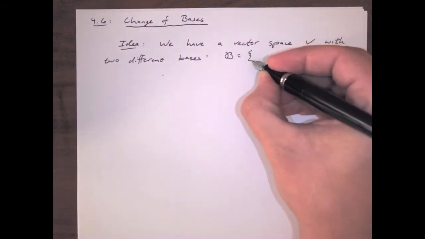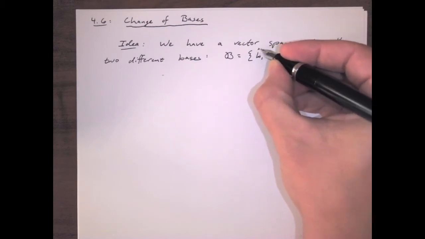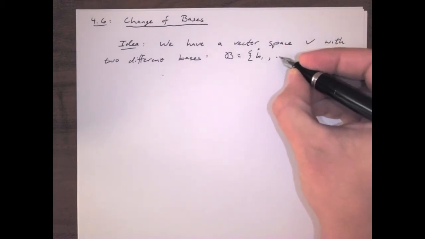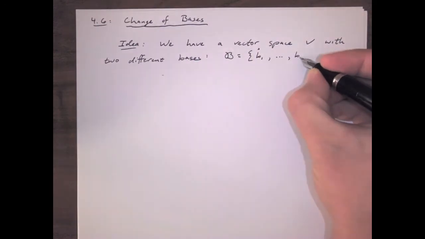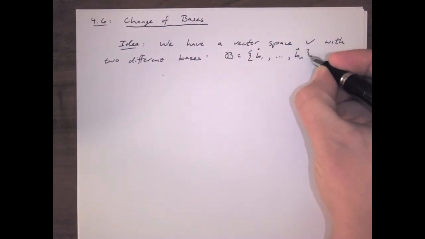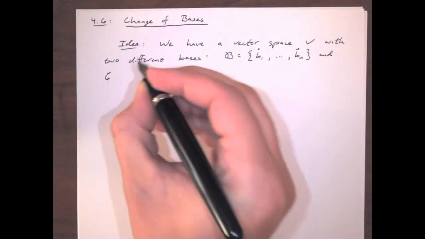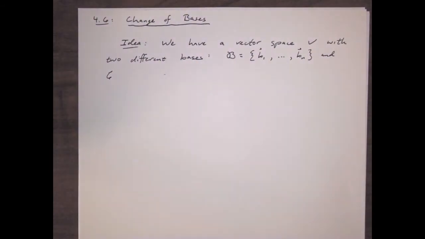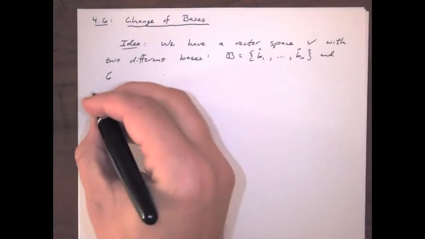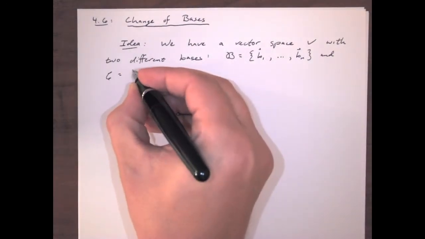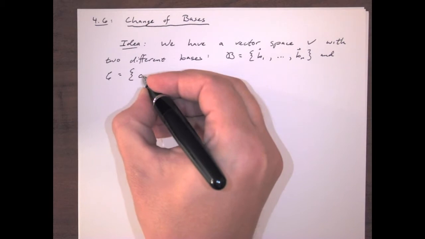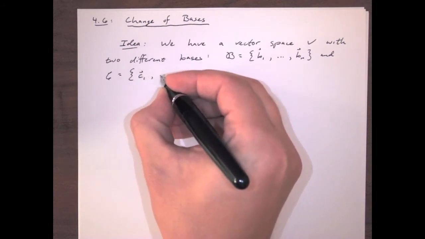So B, which is made up of vectors B1 up to Bn, and then the other one is C, and you write the script C in that sort of fashion, which is made up of vectors C1 up to Cn.